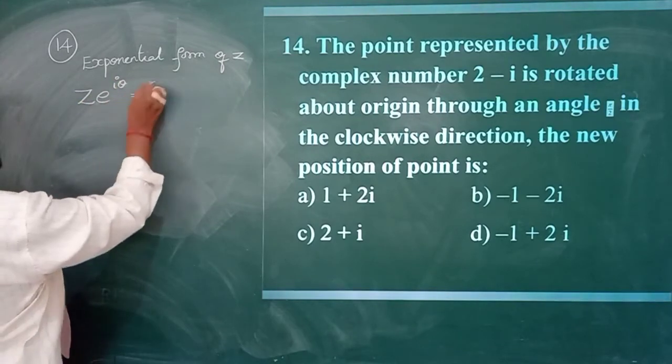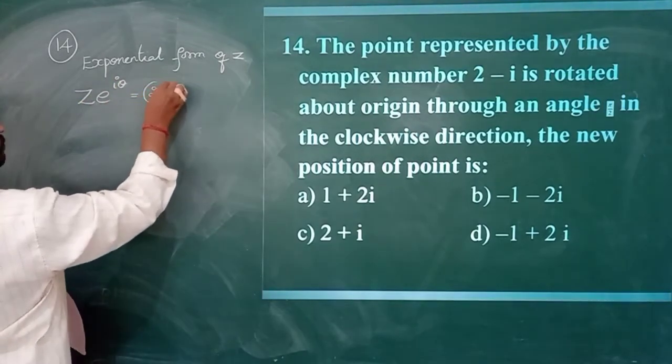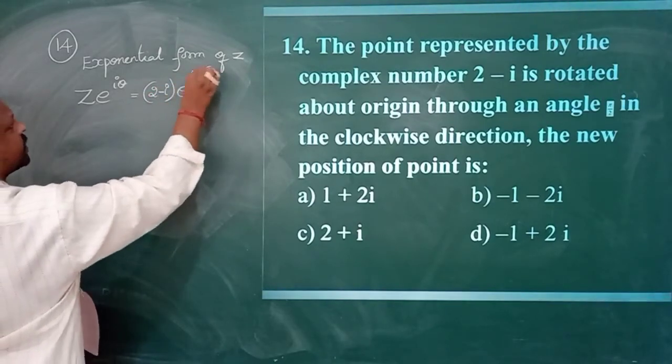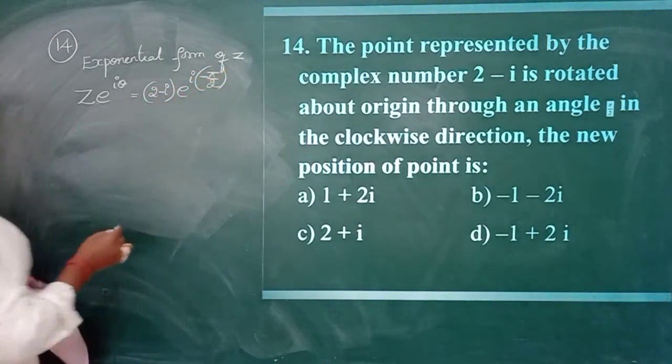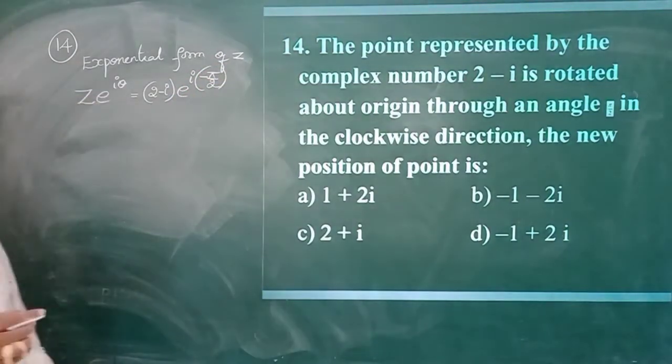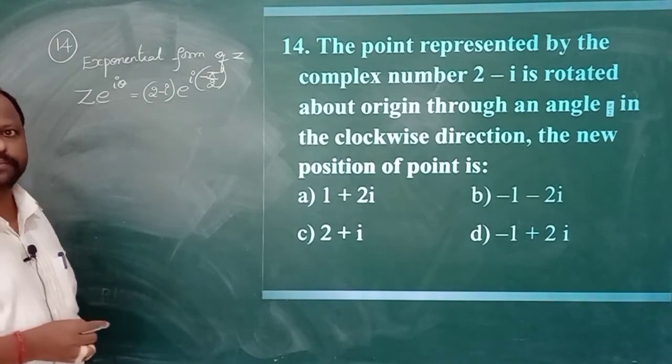Here z is nothing but 2 minus I, and theta is nothing but minus pi by 2, because pi by 2 in the clockwise direction is given. So when clockwise direction is given, you should write down minus pi by 2.